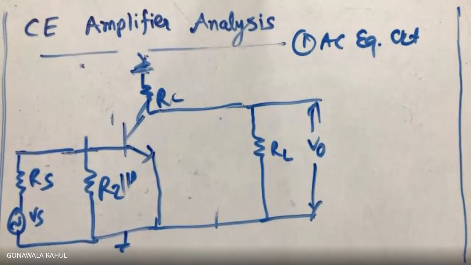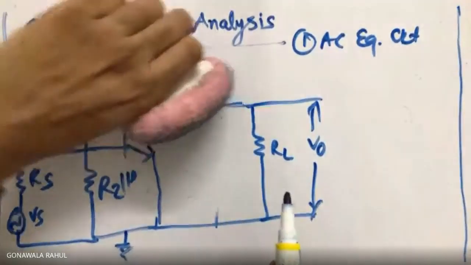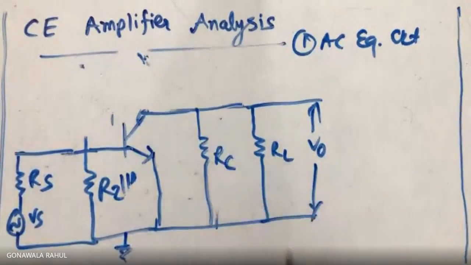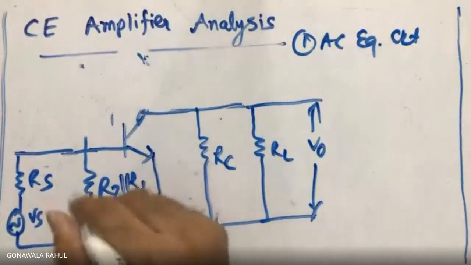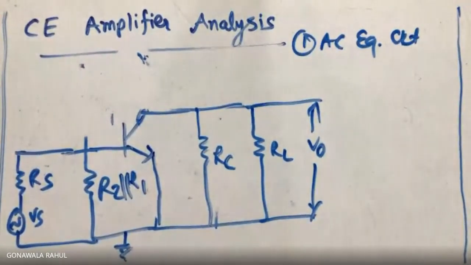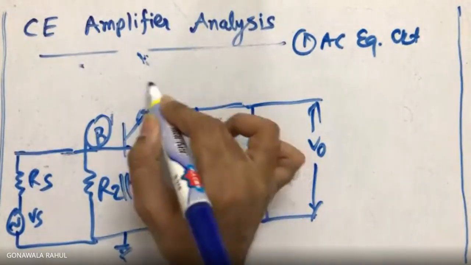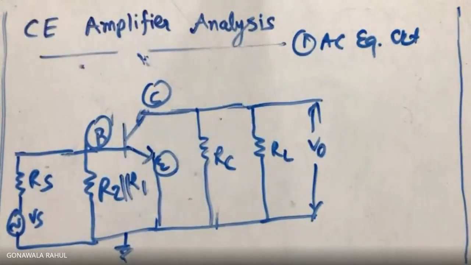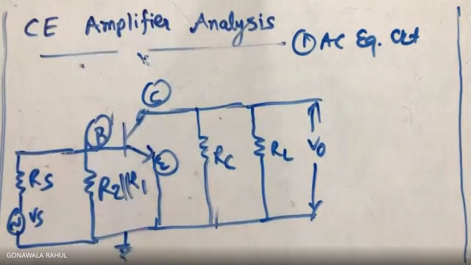We have already seen this yesterday in detail. Now this is grounded, and this is the ground terminal. So this RC will come here, and the circuit is modified like this, where this is R2 parallel R1. Clear? This is our base terminal, this is our collector terminal, and this is our emitter terminal. Be careful about which is which terminal. Since emitter is common for input and output, it is a common emitter amplifier, as we already know very well.